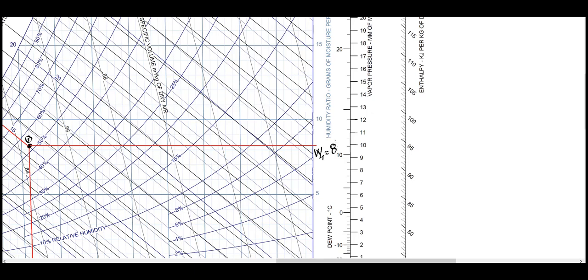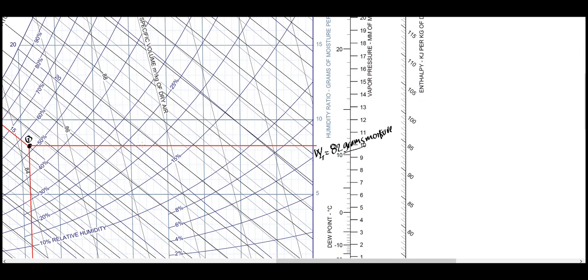So we can put it here: 82 grams of moisture per kilogram of dry air.